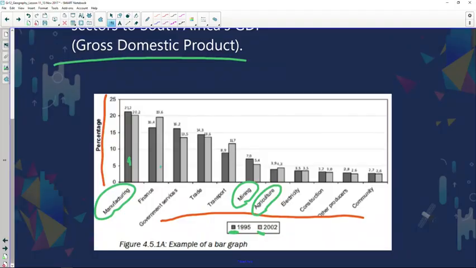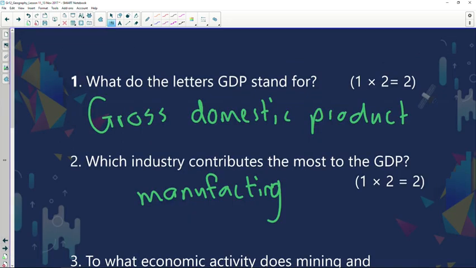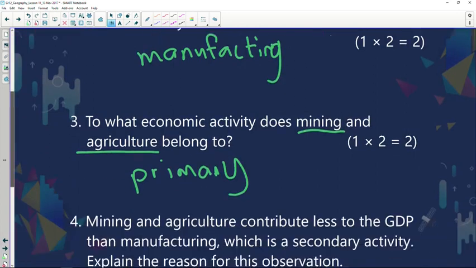We export it. So we actually sell it for less. We sell the products when they are manufactured for more. And with agriculture, same thing. What we do with the agricultural products is we export it and we do not process most of it. And that's the reason why secondary activities contribute more to the GDP.